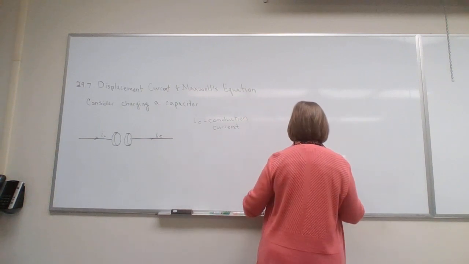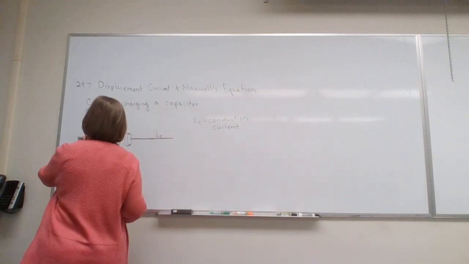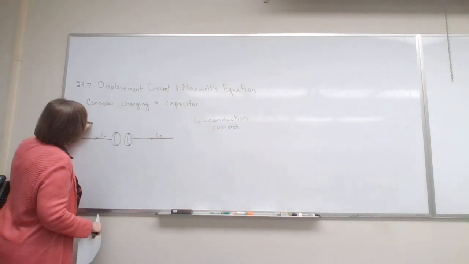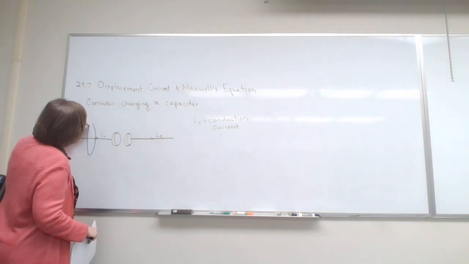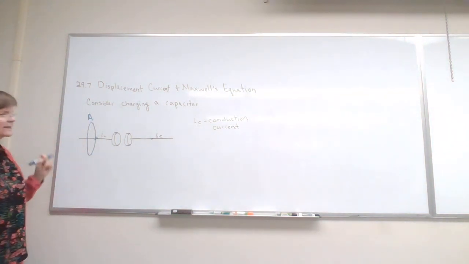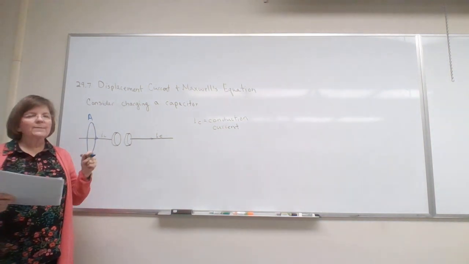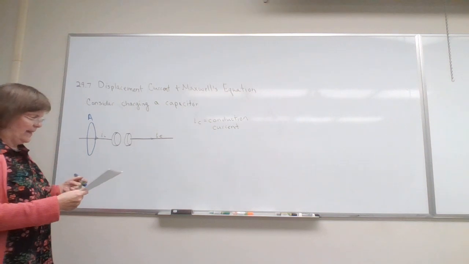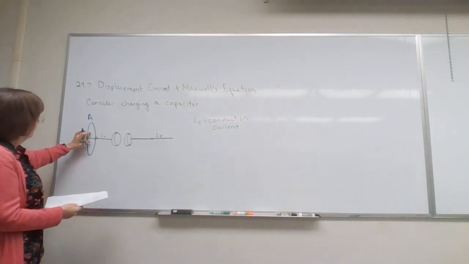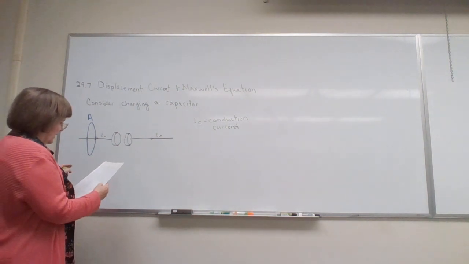If I draw a loop over here around this wire, I'm going to call that loop A. There's going to be a magnetic field through loop A, right? Because every current carrying wire we know has a magnetic field.